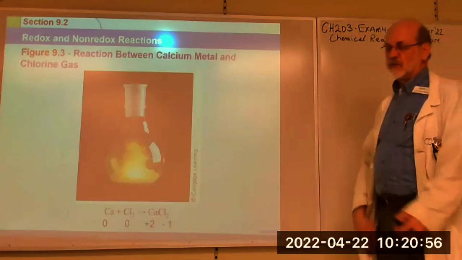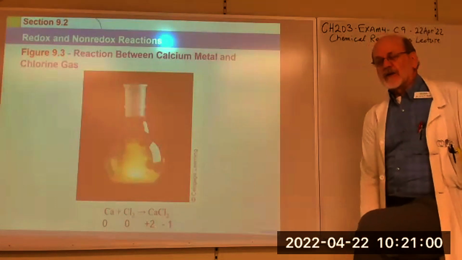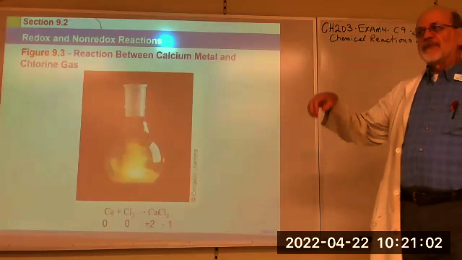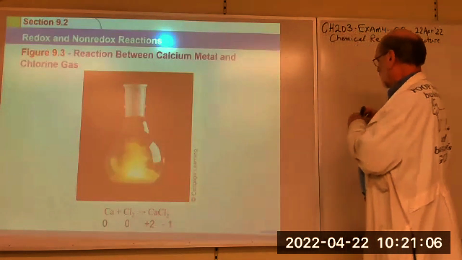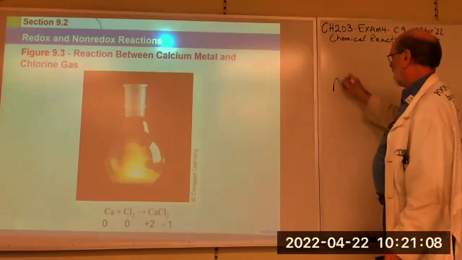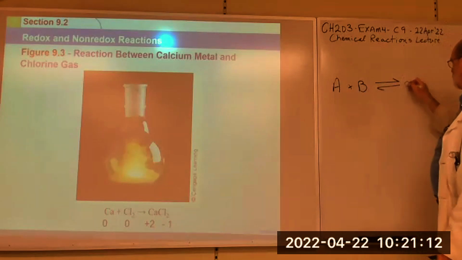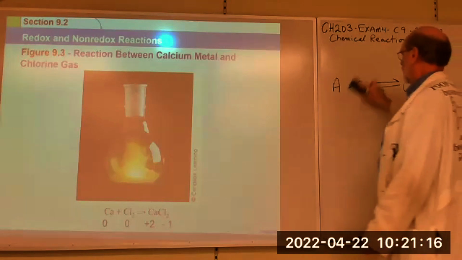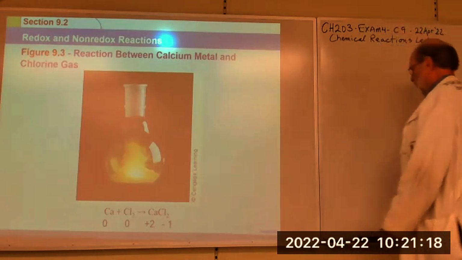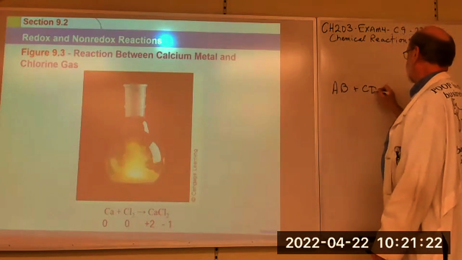Well, actually, there's another rule. When you have a redox reaction, say on the reactant side, we have AB plus CD.